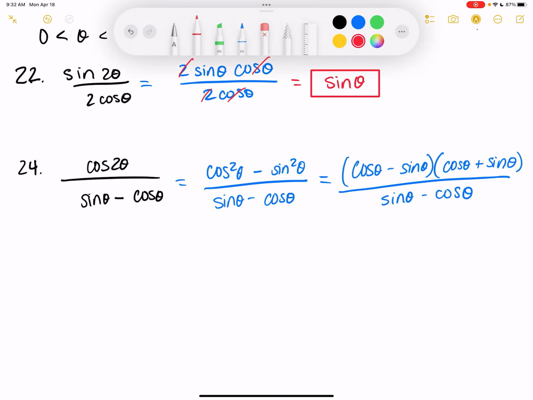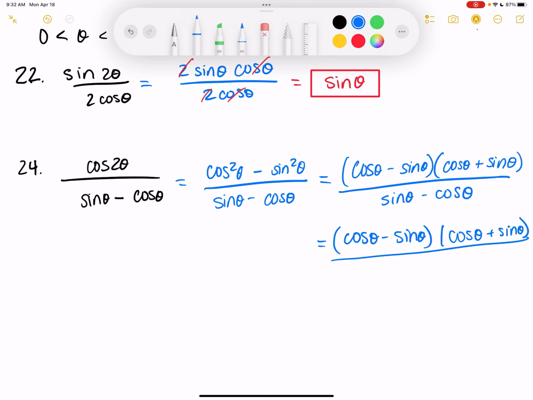because I can actually take a negative out of the bottom as long as I keep it there. I'm going to rewrite it so you can see it. As long as I keep the negative, I can flip them and change the signs of them so then I can cancel. So this is going to give me on top cosine theta minus sine theta times cosine theta plus sine theta.